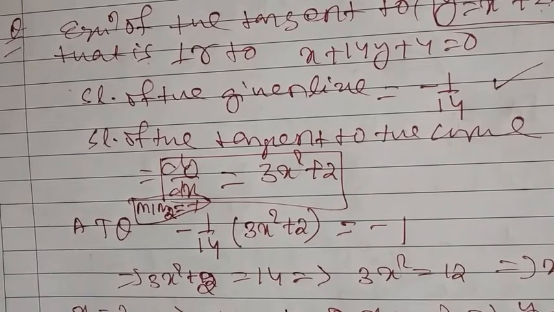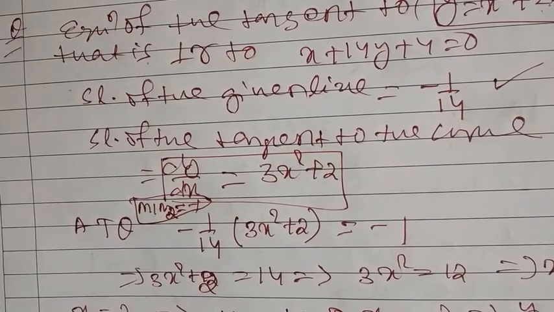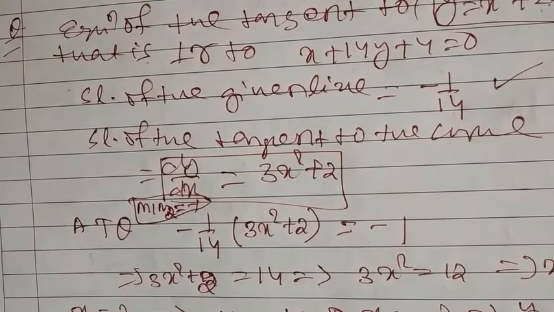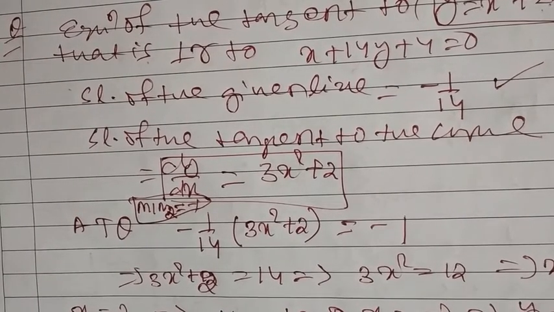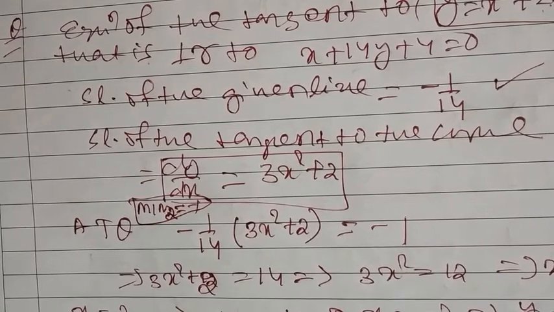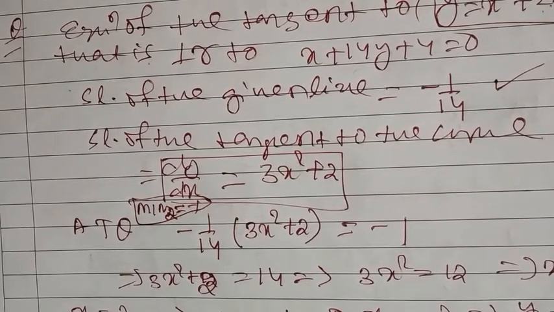So the points are A (2, 18) and B (minus 2, minus 6).